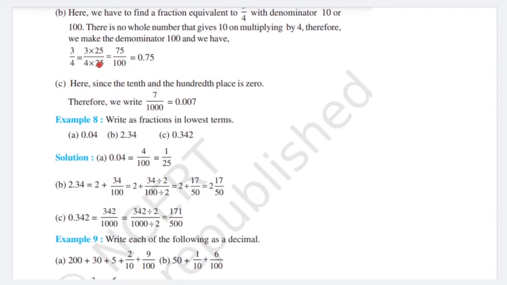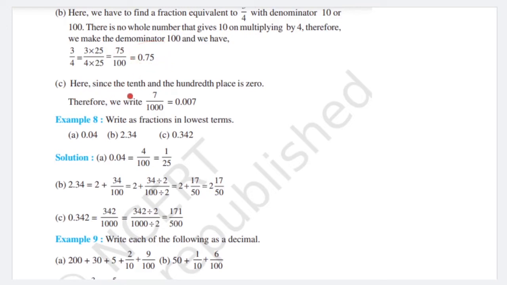So if you multiply by 25, 4 into 25 will give you 100. So the numerator also you are multiplying by 25. So 3 into 25 gives you 75, 4 into 25 gives 100. So 75 by 100. And they've asked for the decimal equivalent. So the decimal point will be put here. Before 75 we'll put a decimal point. So the answer will be 0.75.